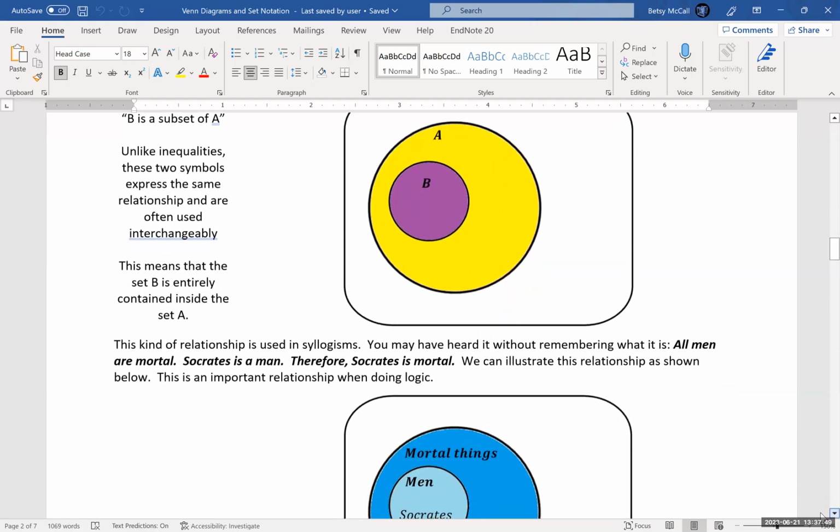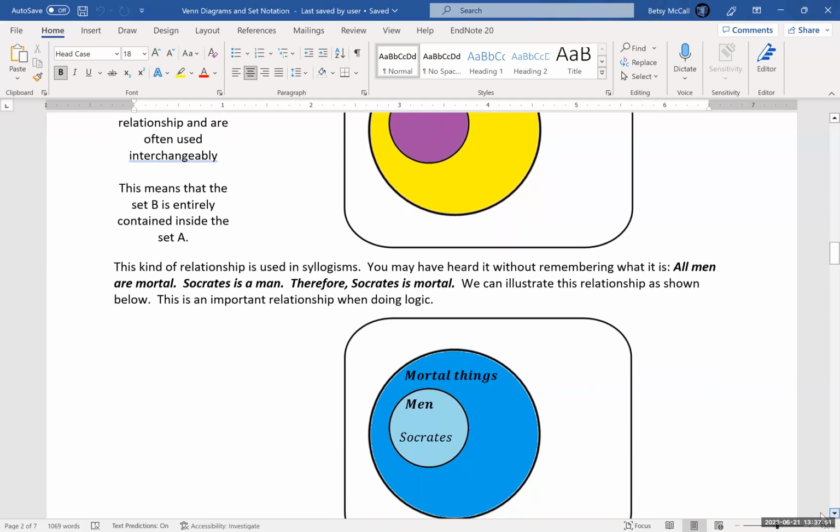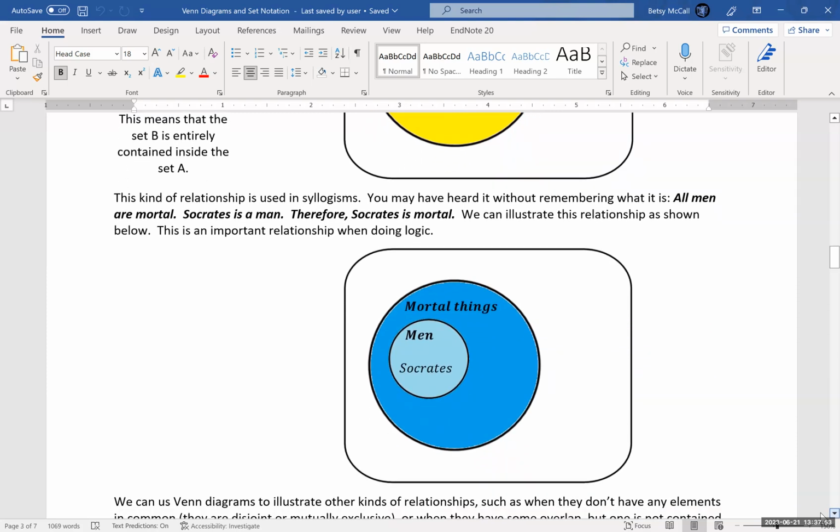Now, a syllogism is a kind of relationship between sets and elements in a set. I've illustrated this here. There's a famous one: all men are mortal, Socrates is a man, therefore Socrates is mortal. So we have the universal set, all things. We have a subset, mortal things.